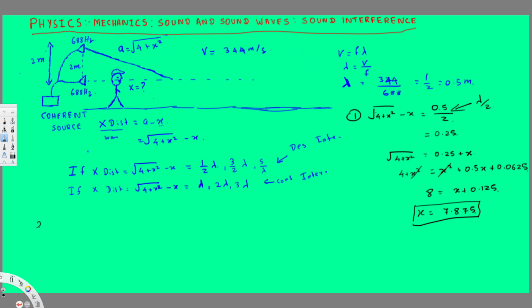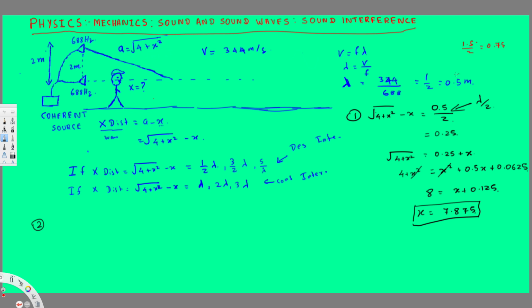So let's calculate the location where he will hear double the sound. That's the lambda location. Also this is 3 by 2 lambda, for example: if you pick 0.5 times 3, that is 1.5 by 2, let's say 0.75.